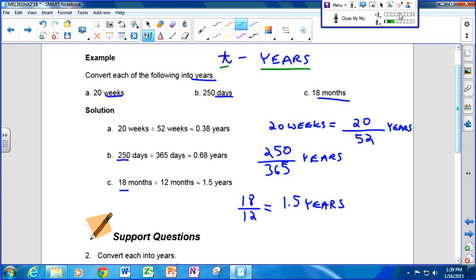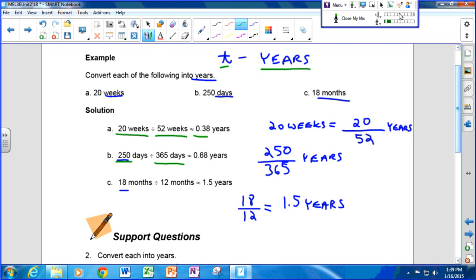In this case, if we have an investment that's 20 weeks, we convert that into a fraction of a year by dividing by the number of weeks in a year, 52, and we get 0.38, and that's what we would use for our T. In the case where the investment is specified in days, we would just divide it by 365, the number of days in a year.